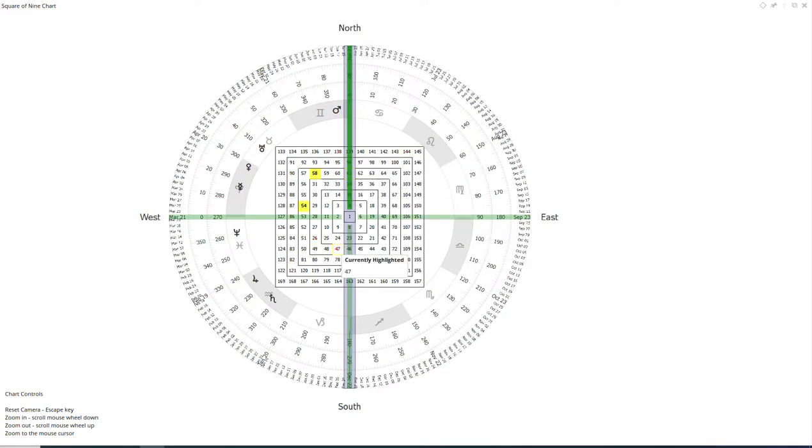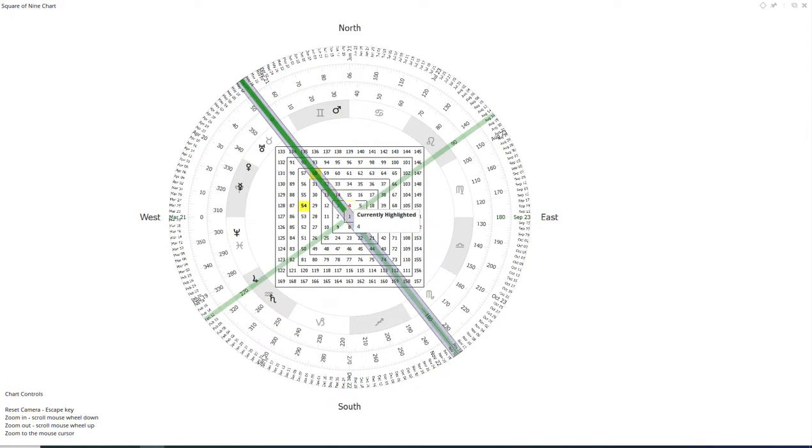This is considered the static Square of 9 because you're starting from 1 and you're going out. You can also use it dynamically. So in other words, if the high was 58, well then 90 degrees down would be 50. So a 90 degree move down in price is 50. 180 degrees down is 44.